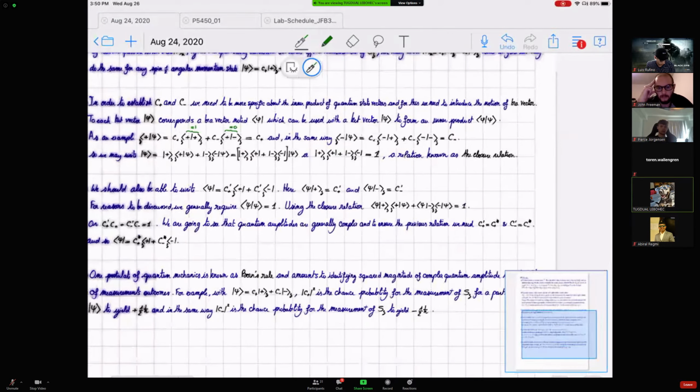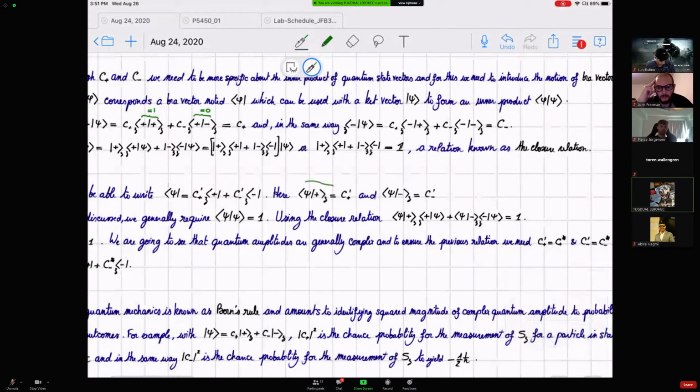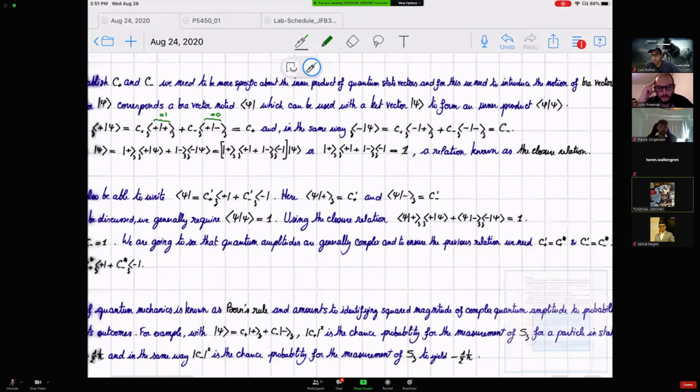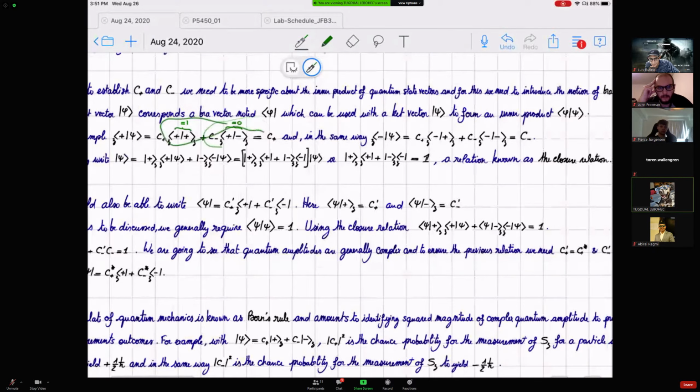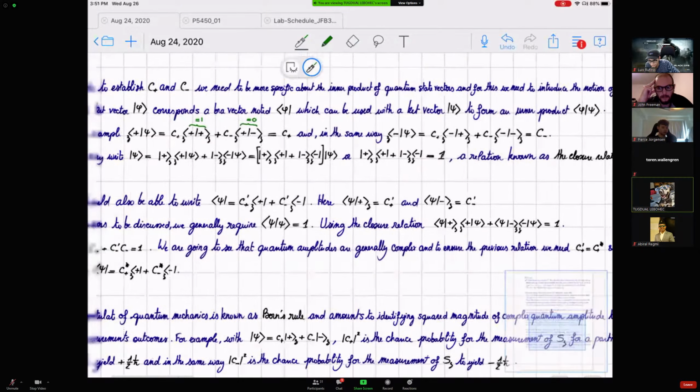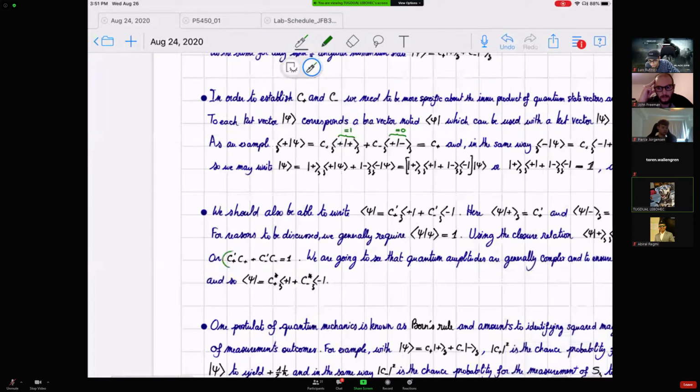Now, using these definitions that we have here, we can rewrite this expression as C plus prime C plus plus C minus prime C minus equals 1.